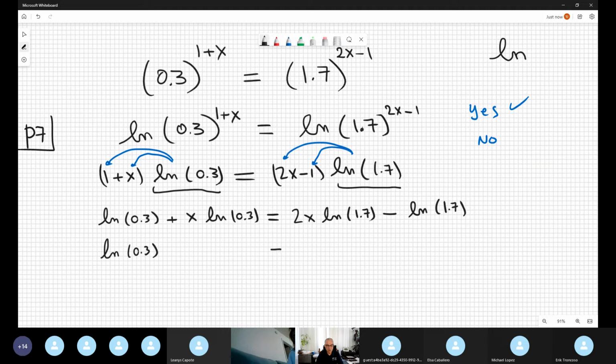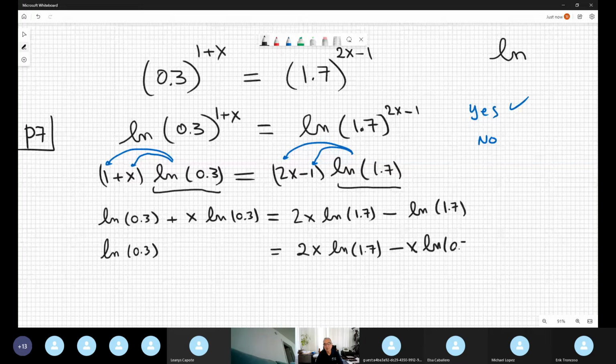I move this to the other side because I want to put together the terms that contain x: minus x natural logarithm of 0.3. And on the other side I move plus natural logarithm of 1.7. Do you understand this idea? Yes.